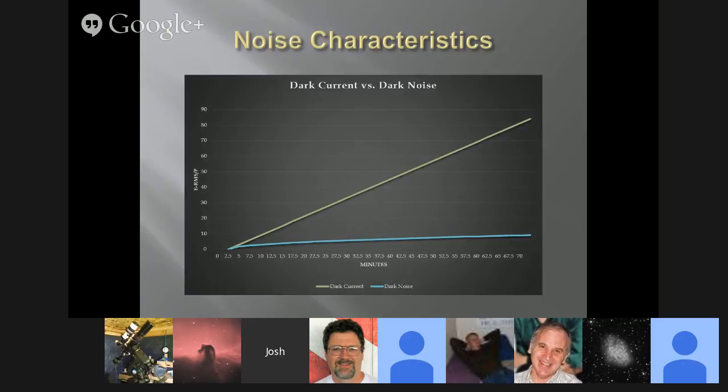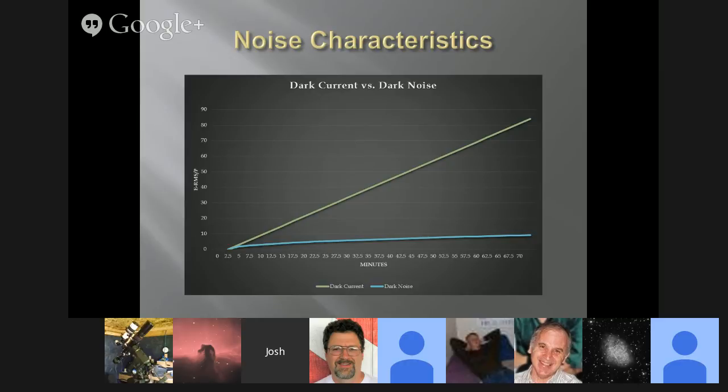So, as I mentioned, one thing that's really interesting to understand, and to understand why calibration works, is that when you are getting dark current and dark current noise, there are two things that are related to each other, and one can be calibrated out well, and dark current noise can't necessarily be calibrated out well.